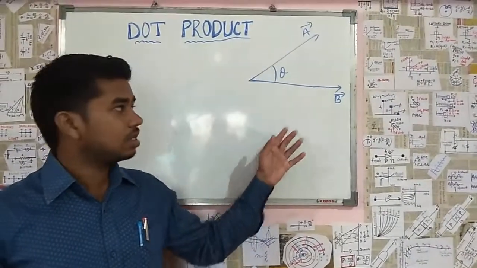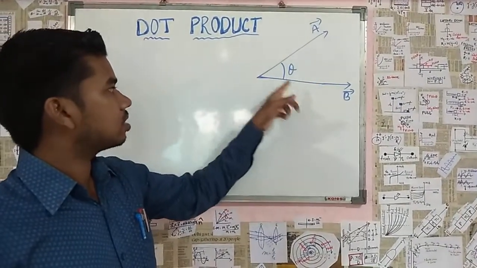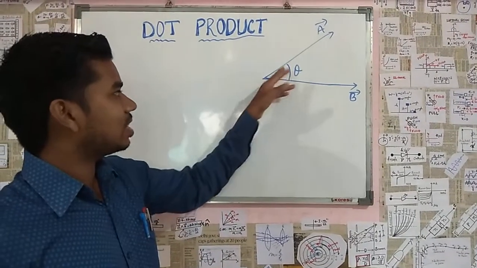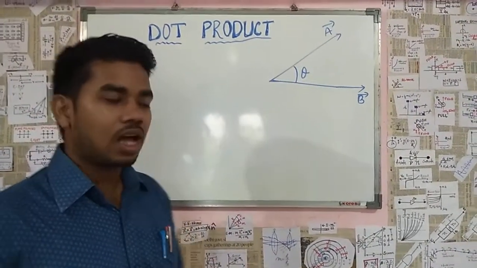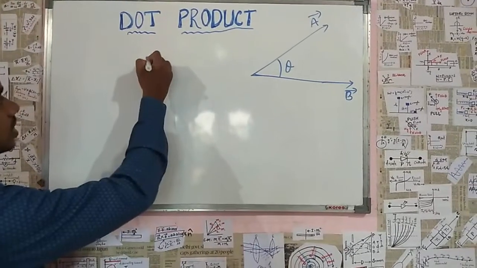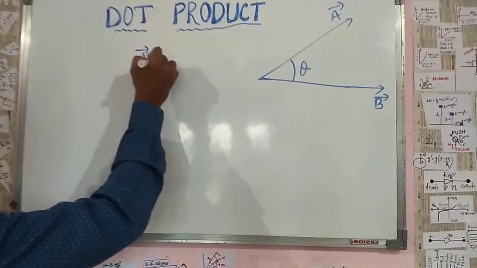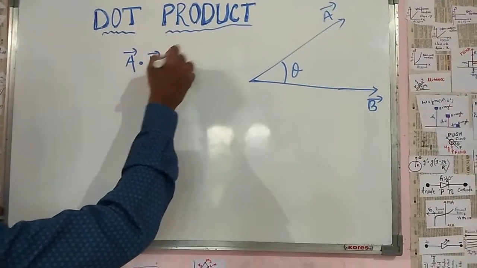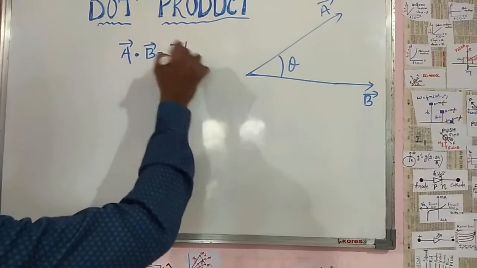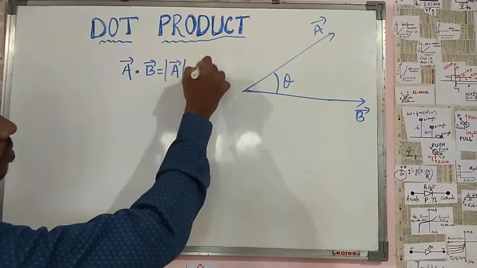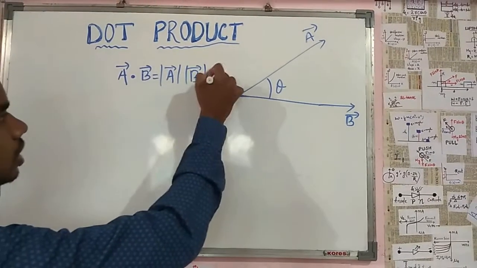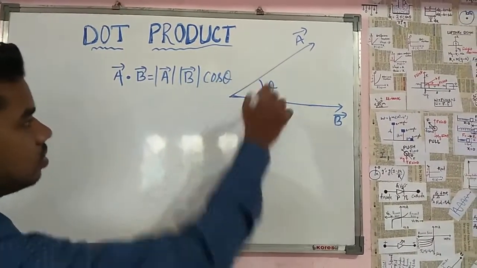You see here, if two vectors a vector and b vector are inclined at an angle theta with each other, then how can we write their dot product? We write it with the symbol a vector dot b vector, and the result will be magnitude of a vector into magnitude of b vector into cosine of the angle between them.